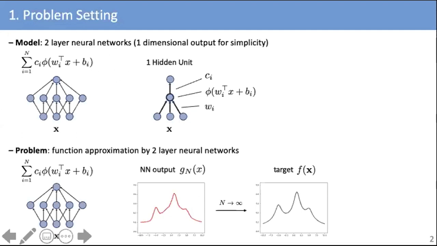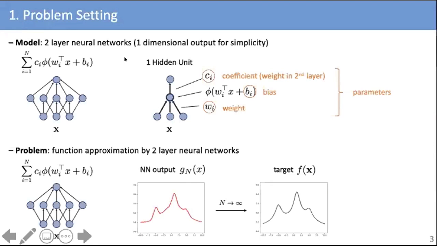This neural network consists of n hidden units, which is illustrated on the right-hand side. Each hidden unit has 3 parameters: weight, bias, and coefficient. The input x is forwarded from bottom to top, and the parameters are used at each step of computation for the output. The entire neural network has n sets of these parameters.